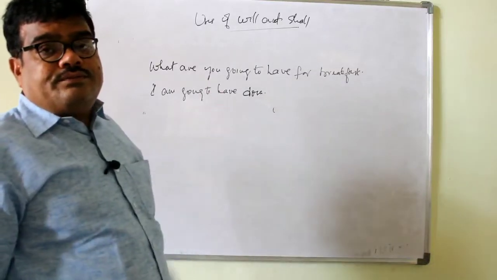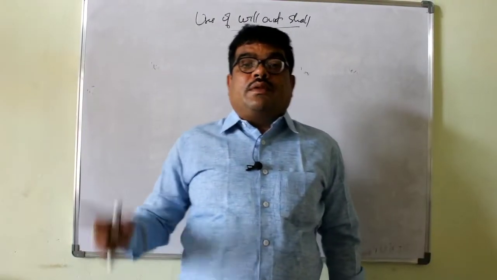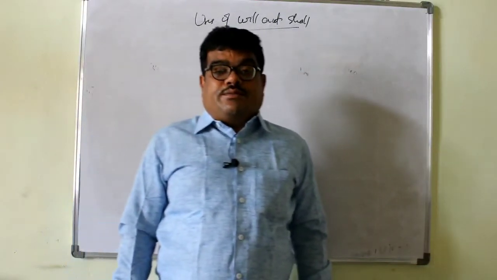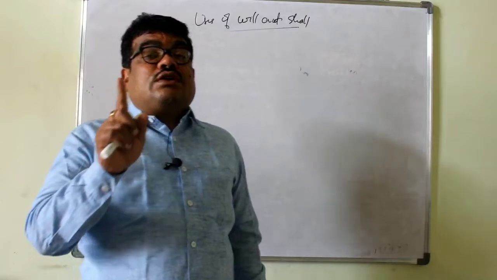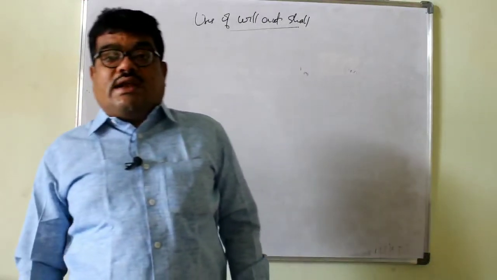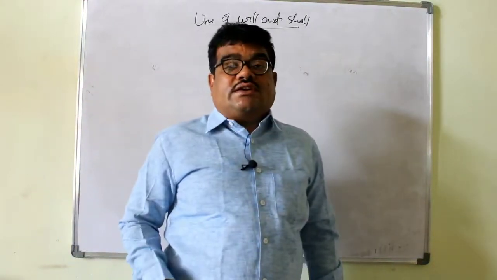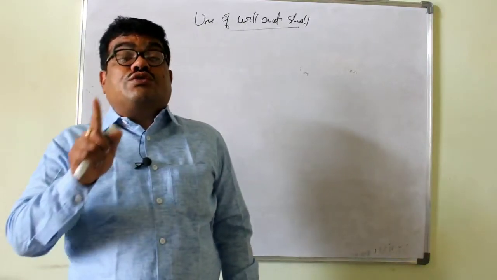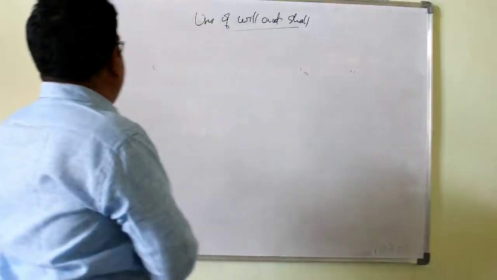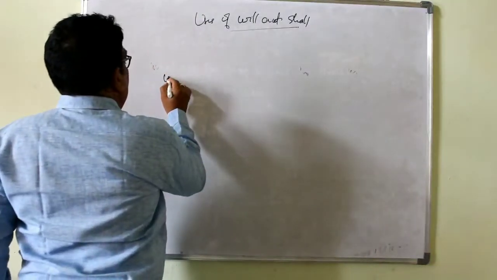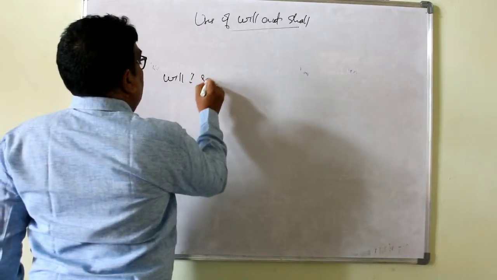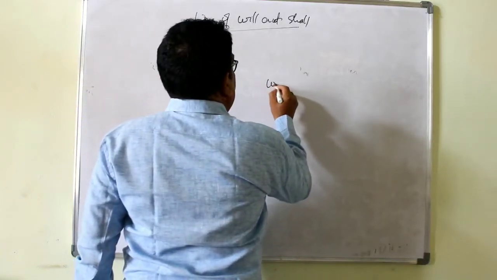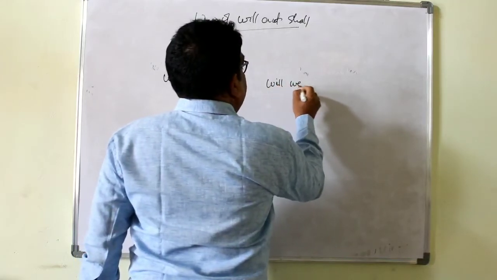Write down. Note this point, please. In interrogative sentences, in the first person, we must not use will. Don't say like, will I go, or will we sing.